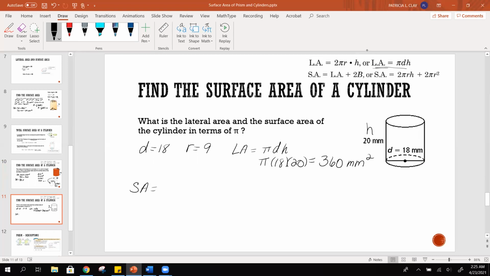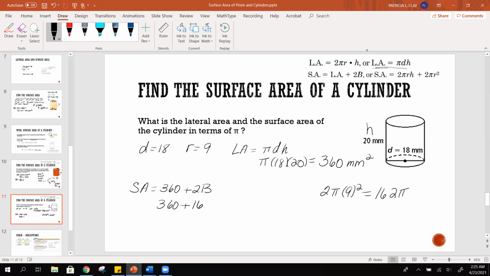We need to find the lateral area, which we have, plus the two bases. So let's find the area of our circle. You can use 2 times pi r squared, or you can use the diameter, whichever one you want, and we'll get 162 pi.